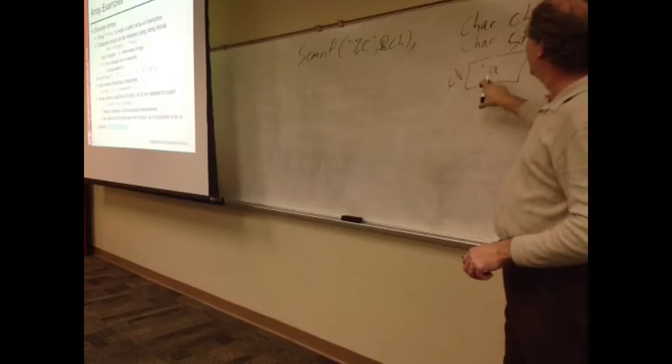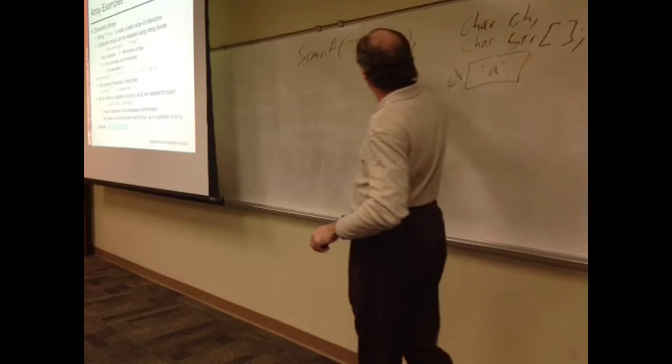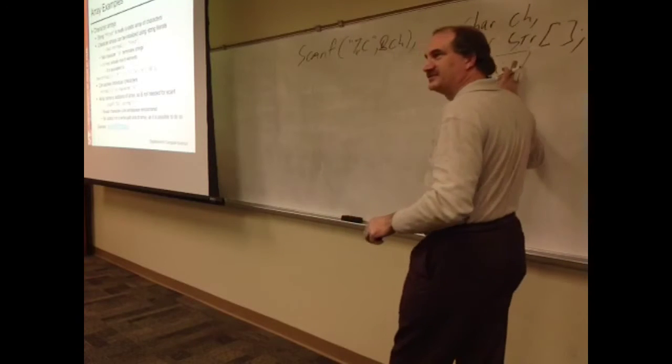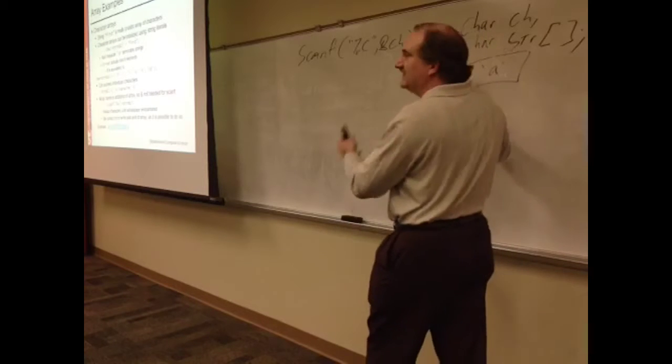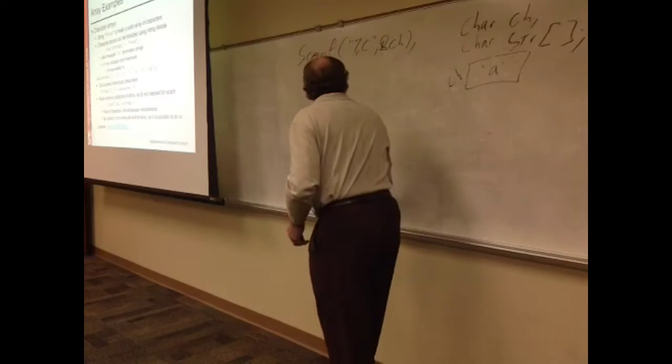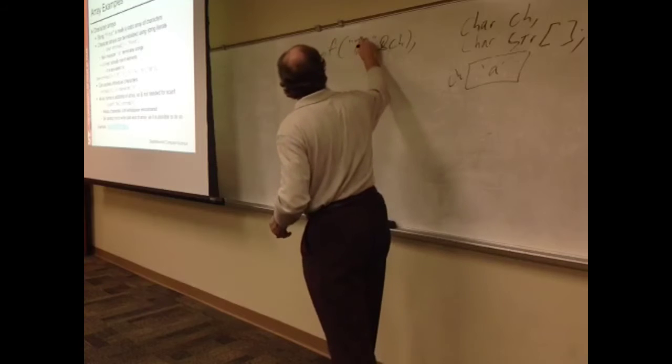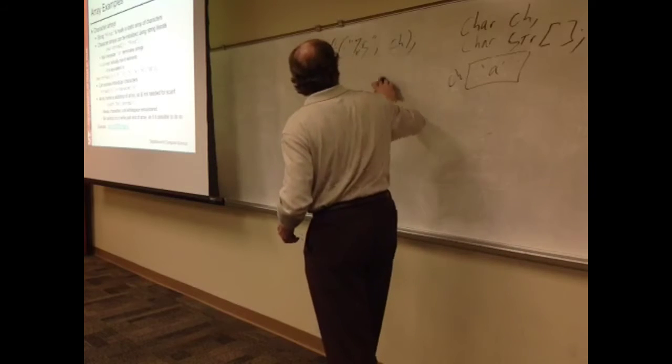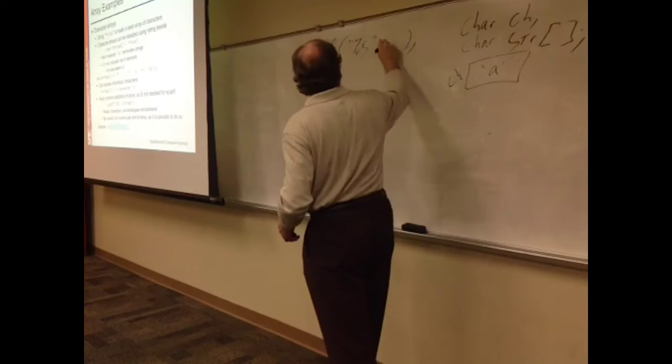So we don't have to say the address of the address. It already is an address. So with a %s, leave off the ampersand and go straight to your string.